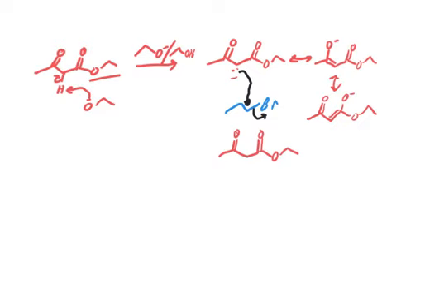is the alkylated product. Okay. I'm going to do the hydrolysis next. I'm going to react this with OH minus. And when I do that, it's going to add to the carbonyl.